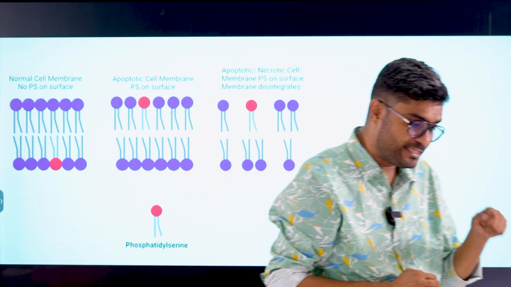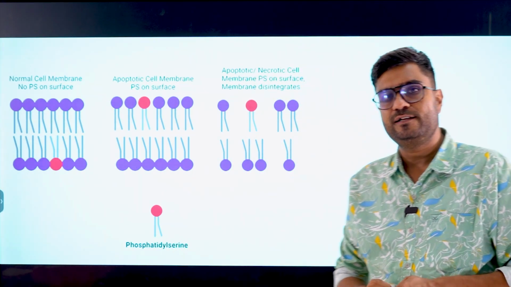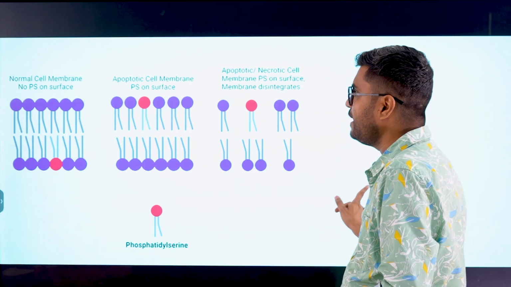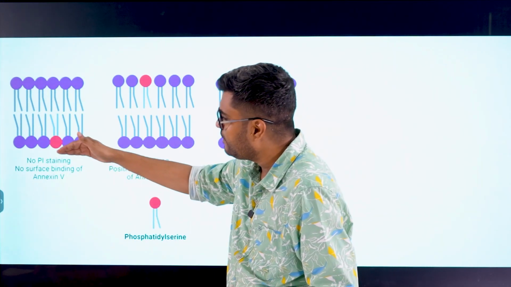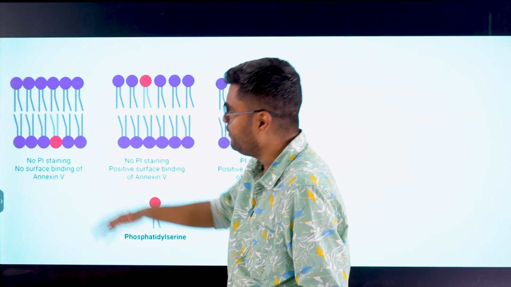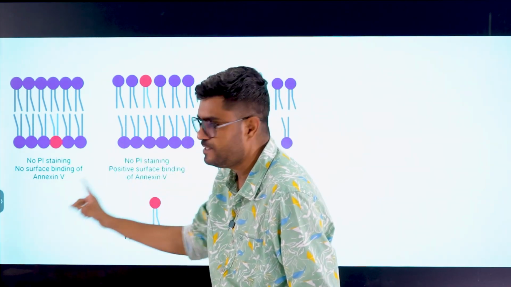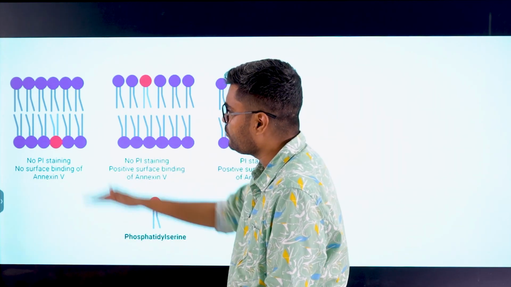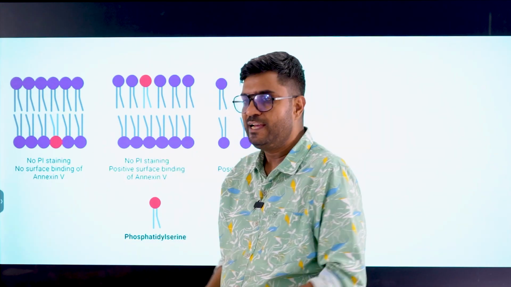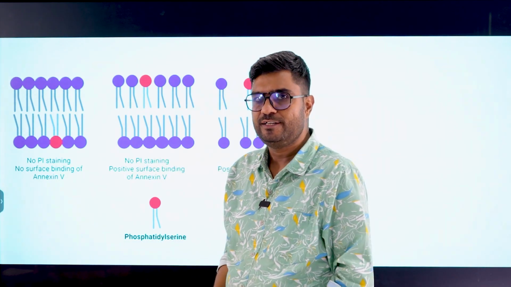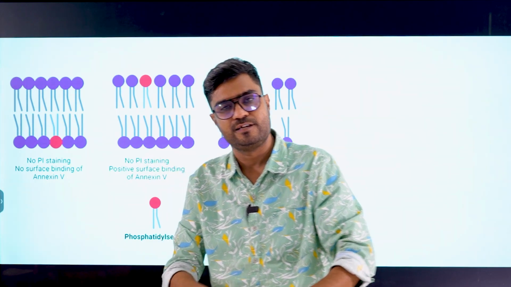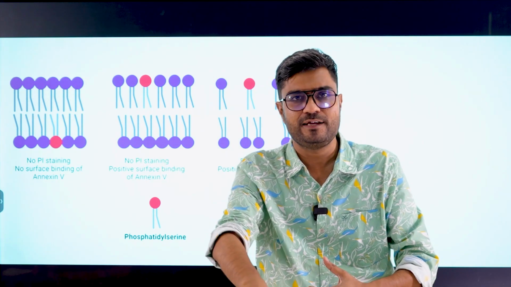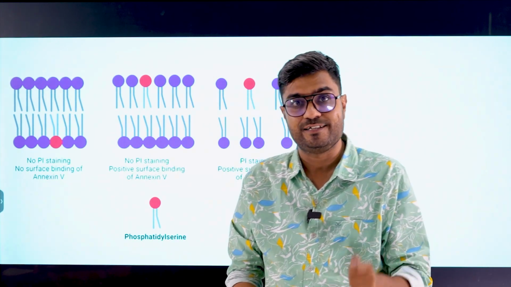So what will happen if a cell is healthy? Then the Annexin 5 will not bind, because all the phosphatidylserine is present in the inner leaflet. So in live or healthy cells, the Annexin 5 will not bind because phosphatidylserine is inside. And if I add propidium iodide, this will also not go inside the cells, because the cells are live, they will pump out the PI and we are not going to get a fluorescent signal.